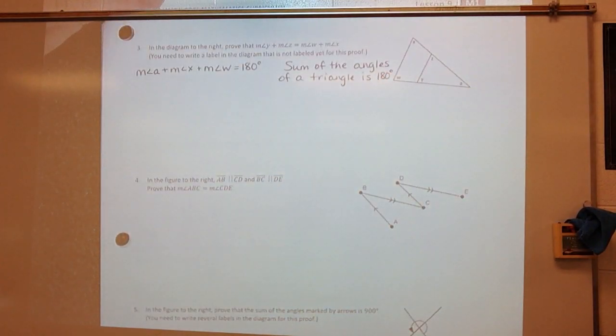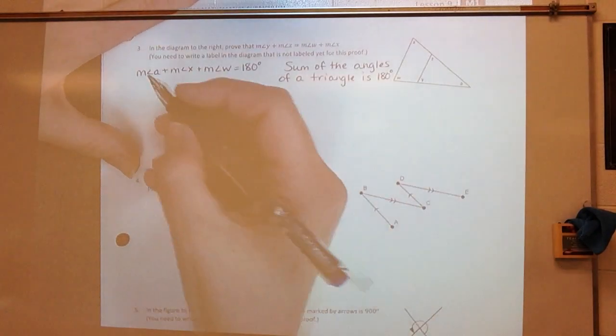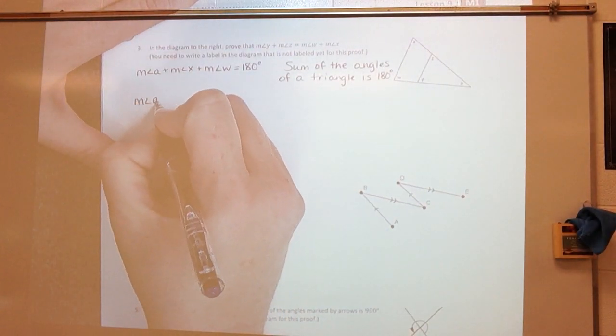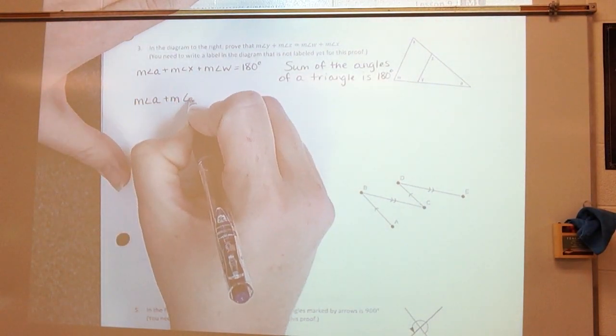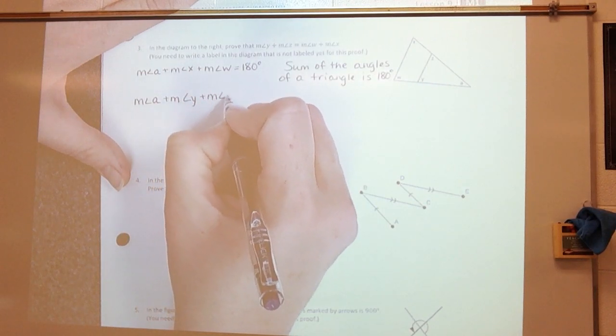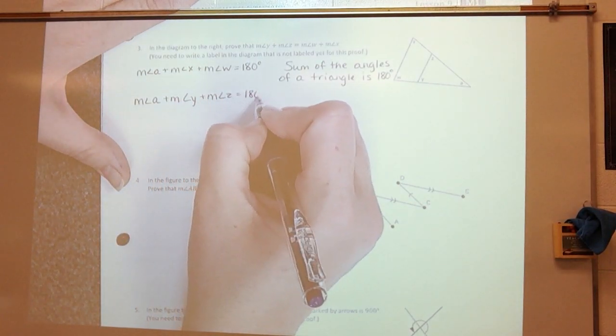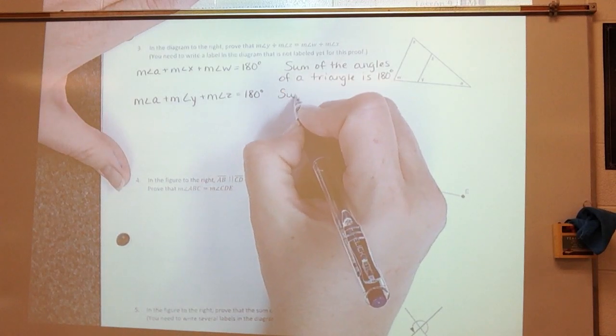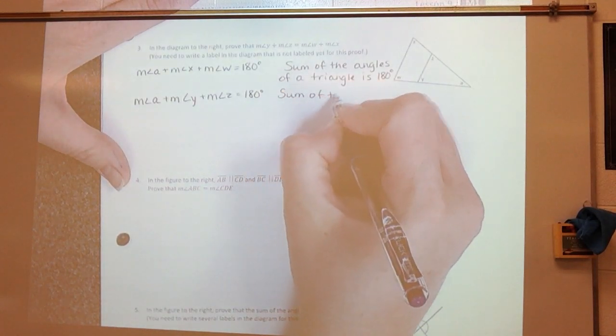All right, now, what else do I know? What about the small triangle? The measure of angle A plus the measure of angle Y plus the measure of angle Z is equal to 180 degrees, because that's the small triangle.